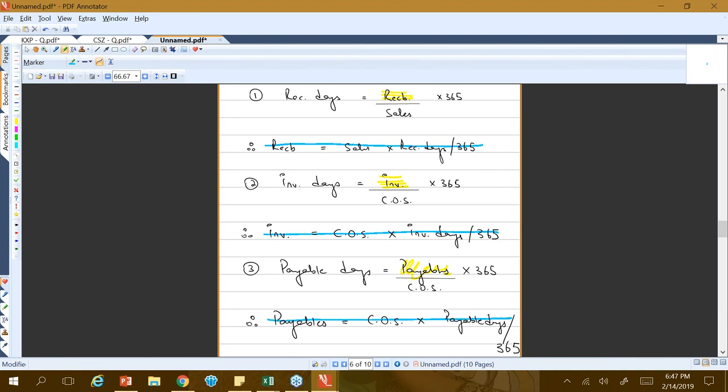So we need all these calculations to be able to do this question. Is everyone okay with what we're going to do here? Are we okay with rearranging these formulas to find these balances? Any questions on these rearrangements before we move on?